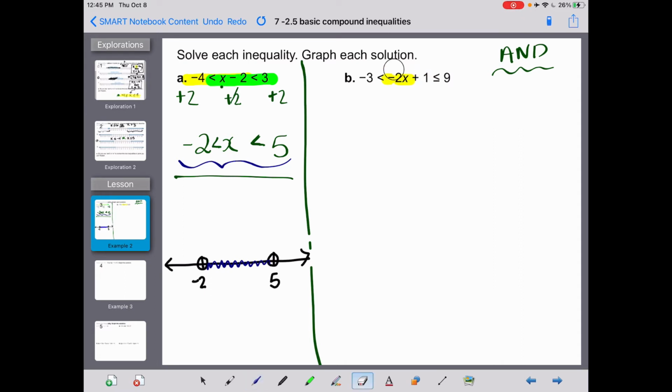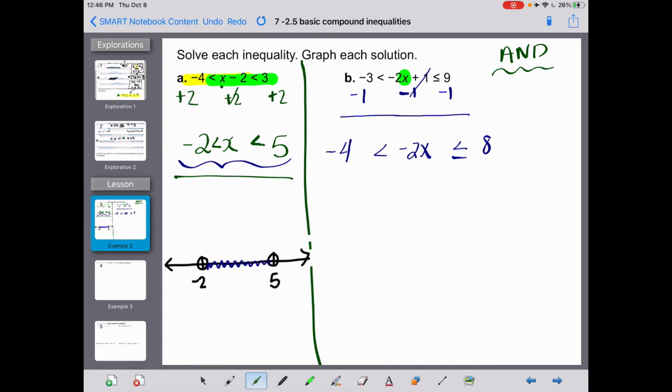On the right side, I'm going to use the initial method I used, which is getting x alone in the middle. Our first step would be to subtract 1 from all three sides. So now we have negative 4 is less than negative 2x, which is less than or equal to 8.